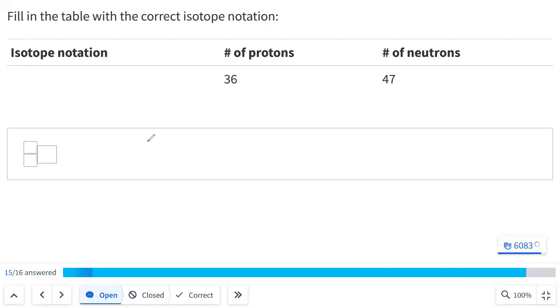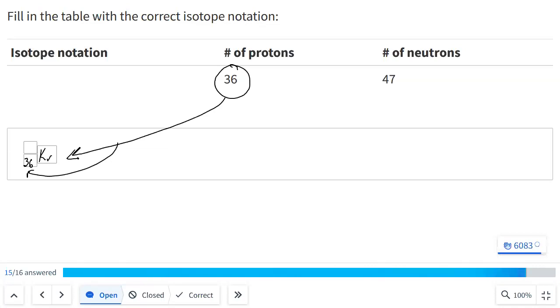Let's go ahead and talk about this. So again, our proton number should dictate to us two things. It's going to dictate to us the atomic number, 36, and if we have our periodic tables handy, it'll dictate to us the name of that, which is Kr, krypton.